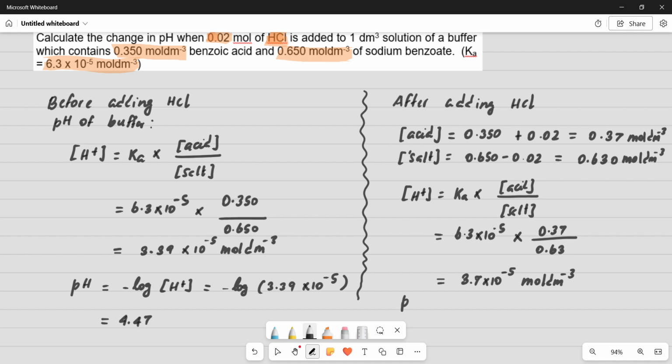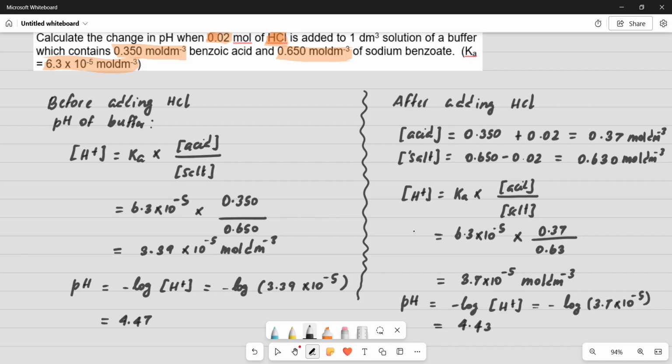So the pH is equal to negative logarithm of H plus ion concentration, which is negative log of 3.7 into 10 to the power negative 5. This is equal to 4.43.